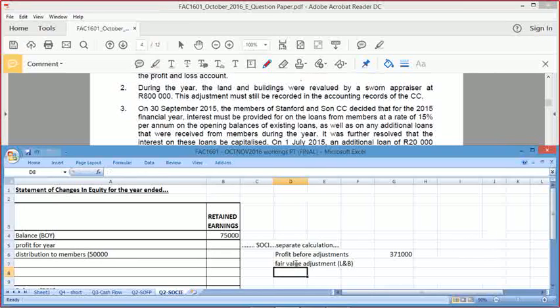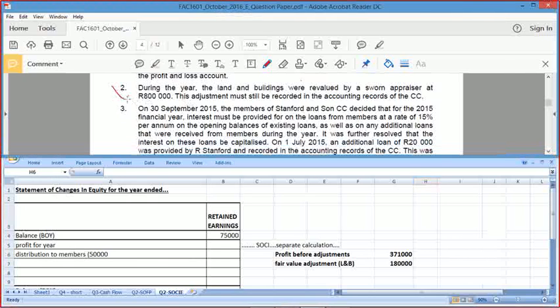Remember the profit was before adjustments, right? Have you taken this into account? No. So you must. So 180 is going to be added to that. Make sense? Do you agree? Yeah, I do.